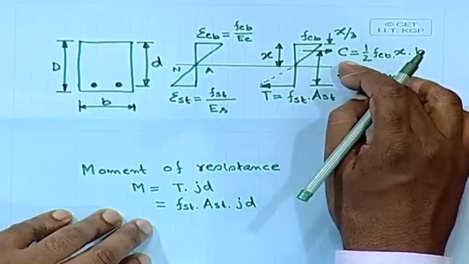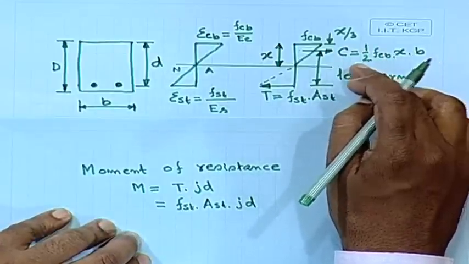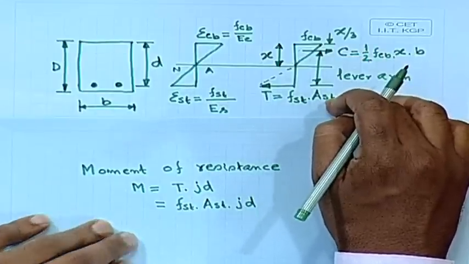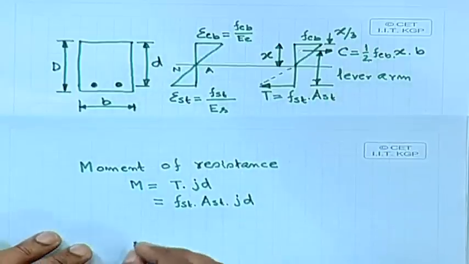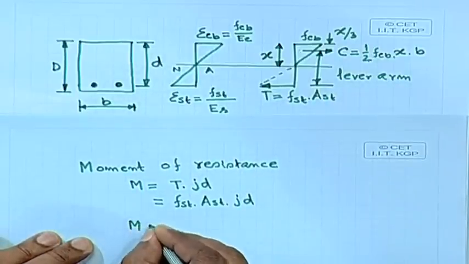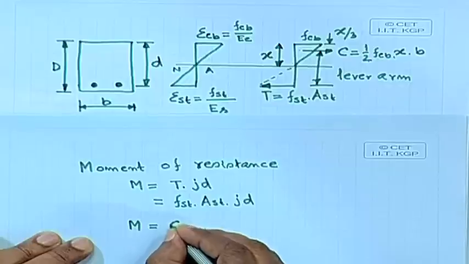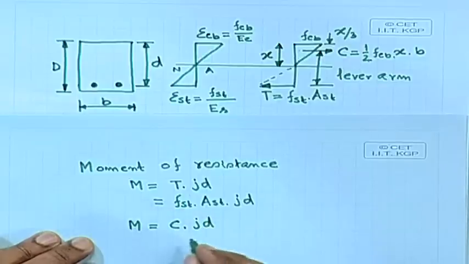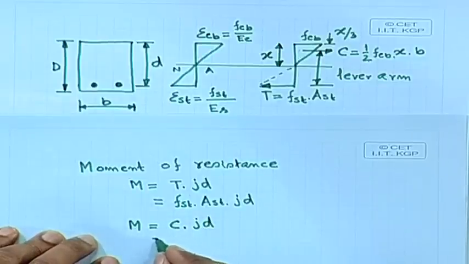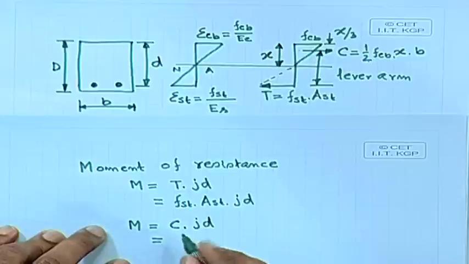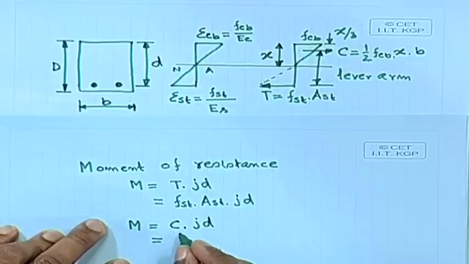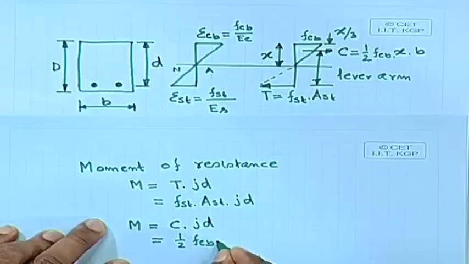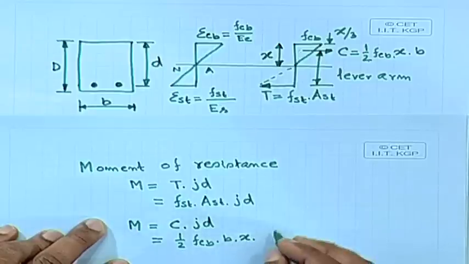Also we can consider it from the concrete part, that is C times JD. So, we can also write M equal to C times JD, which equals half fcb times b times x times JD.